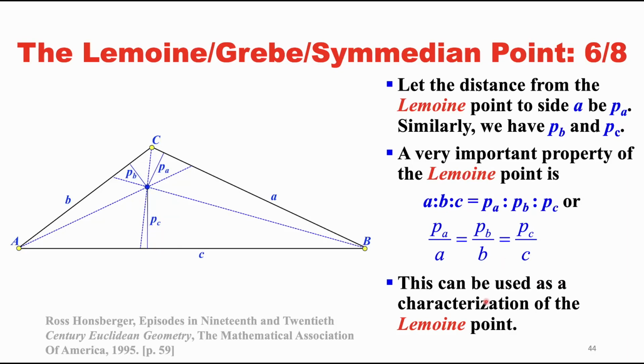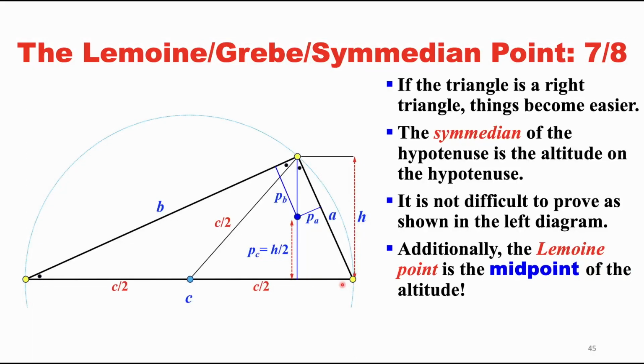This property can be used as a characterization of the Lemoine point. In other words, if a point satisfies this property, this point is going to be the Lemoine point of that triangle. If the triangle is a right triangle, things become easier.